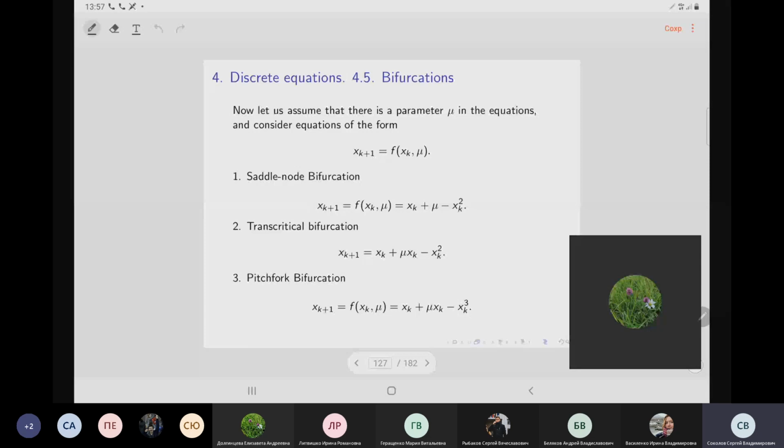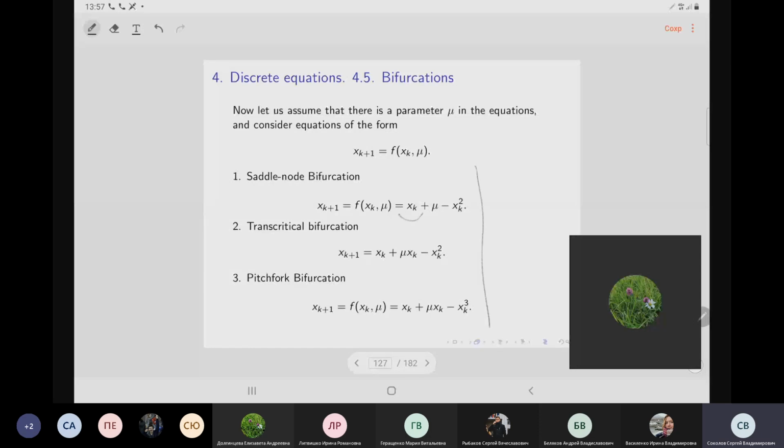We can see that the bifurcations that happen in continuous equations can be seen in the discrete case. The only difference between continuous and discrete equation is this h k that we add at the right-hand side.